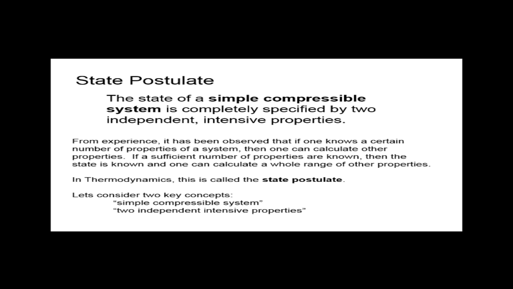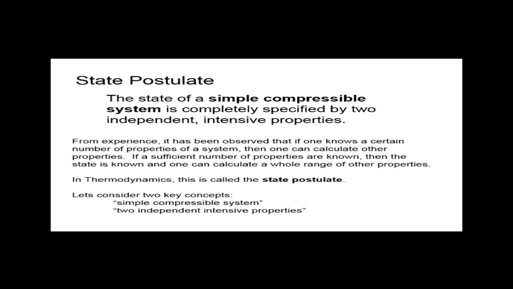State postulate. This is what I mentioned a little bit earlier. You just take it for granted. Here it is. The state of a simple compressible system is completely specified if you know two, not three, but just two independent intensive properties.